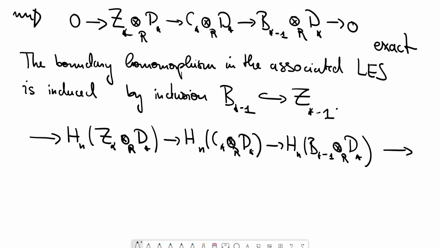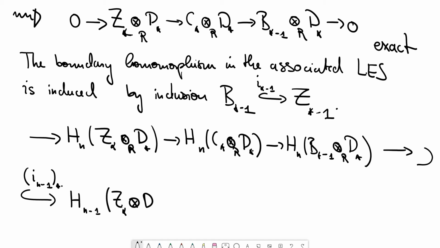So i star minus 1, and then it continues here to Hn minus 1 of C star tensor D star, and so on. And here we have i n star. This is the long exact sequence.